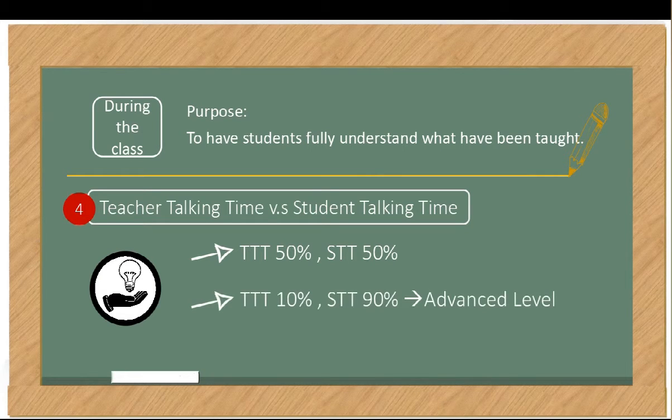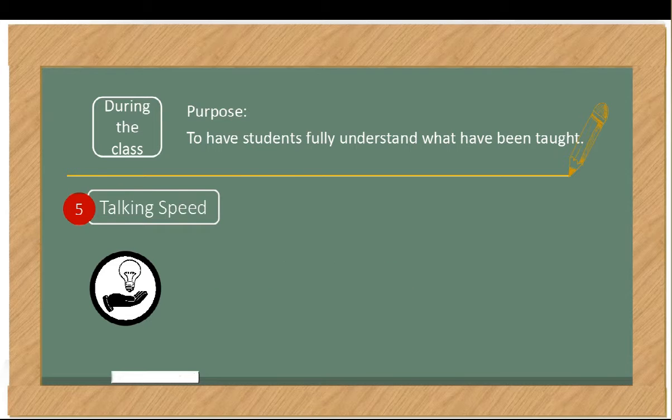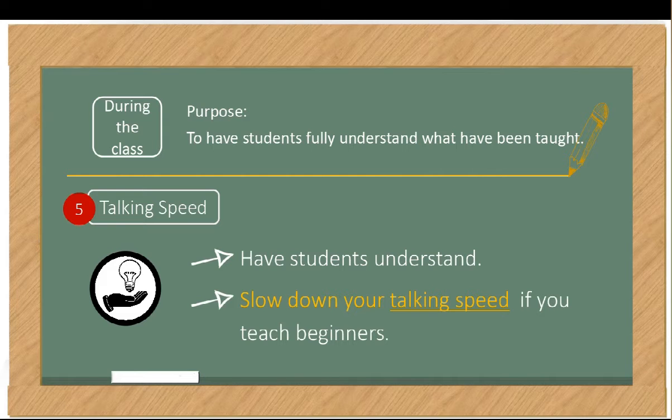For highly advanced learners, student talking time should count for 90% and only 10% for teacher talking time. 5. Talking speed. As teachers, you need to have students understand what has been taught instead of frustrating them. Thus, please do slow down your talking speed, especially when you teach beginners.